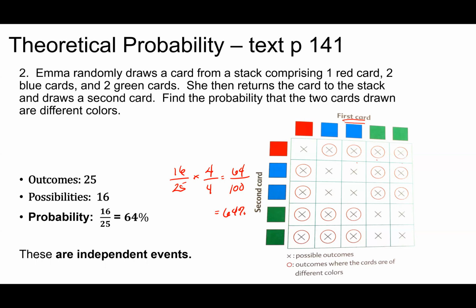Okay, moving right on. Do you have a question or a comment? Okay. Well, what we're looking at right here means 16 divided by 25. Read it from top to bottom. So if you want to find the percentage of something like a fraction, there are two ways.